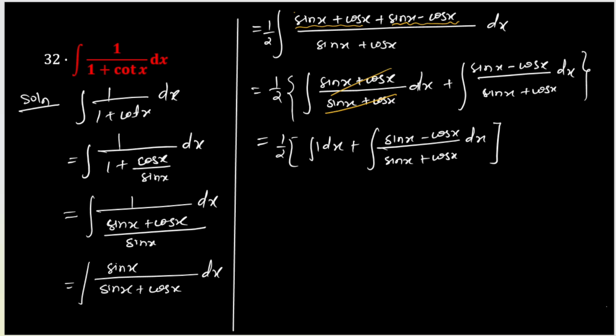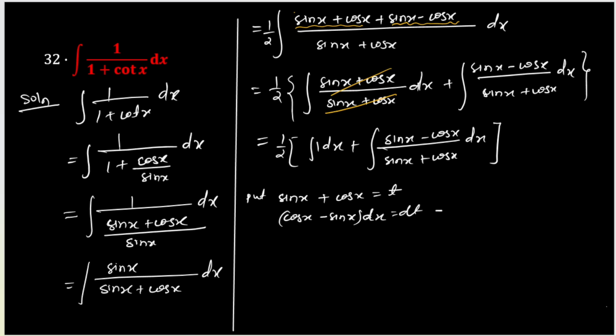Here we put sin x plus cos x is equal to t, then cos x minus sin x dx is equal to dt.